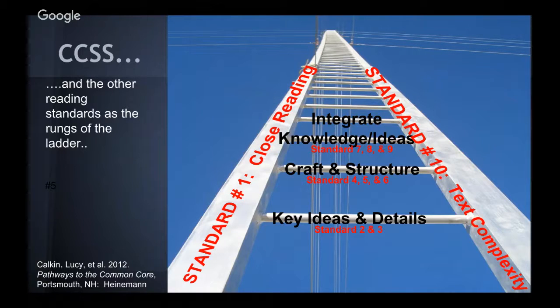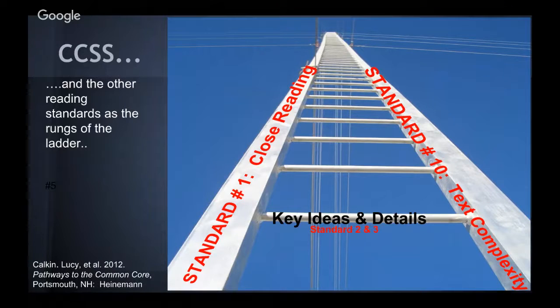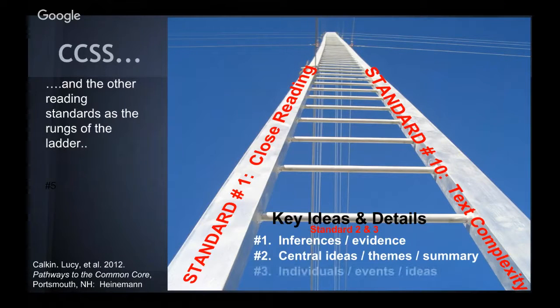So on the ladder, if we asked you to put the names of the clusters that go from lowest rigor level, key ideas and details, up to highest rigor level, integrating knowledge, I know you'd be able to do this on your own. You were able at the last grade level meeting to identify in 2 words or in 3 words the skills that Standard 1, 2, and now Standard 3.